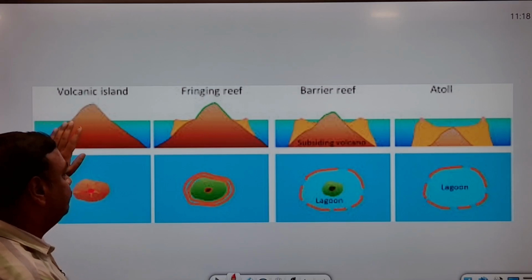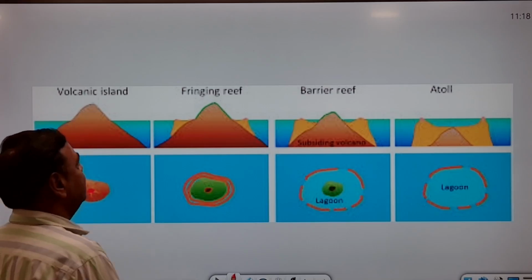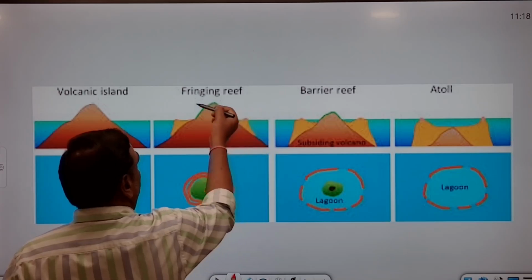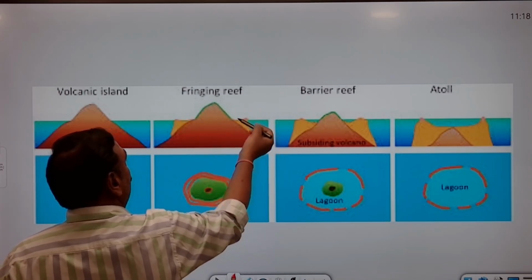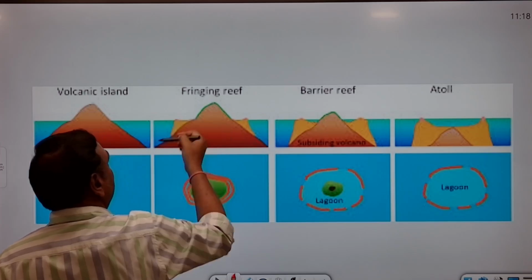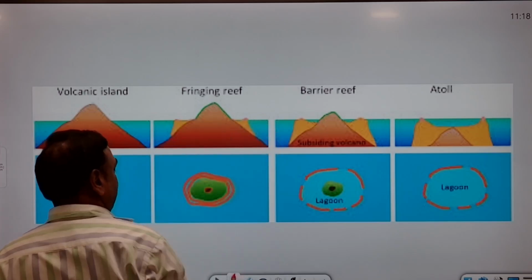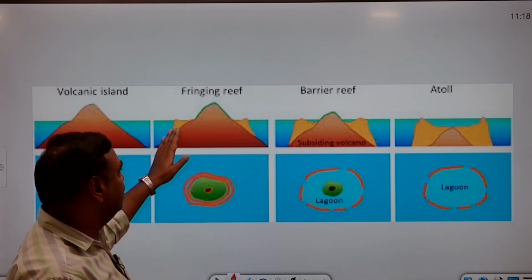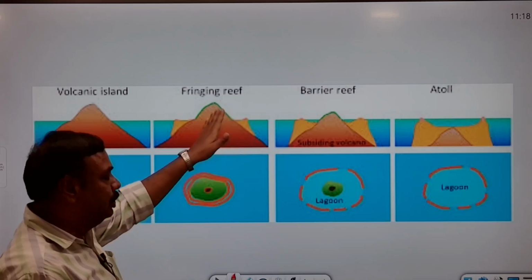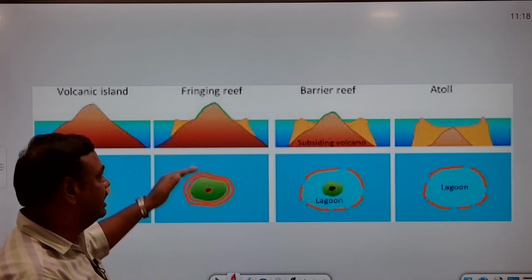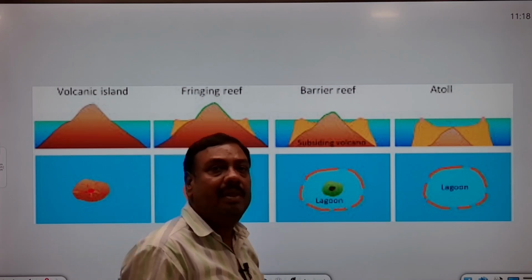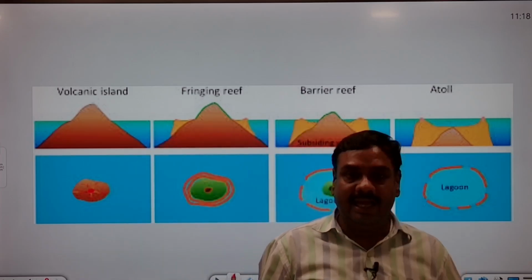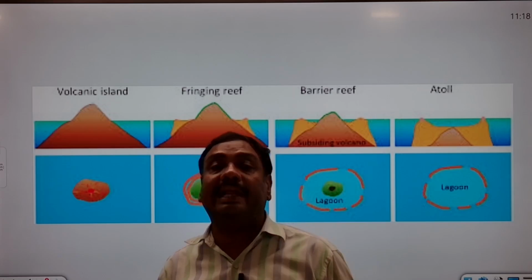Then what happened? After that, around this volcanic island some corals start to grow, right? They start growing here, and due to the growth of corals, with the passage of time they have been engaged in the formation of coral reefs, right?